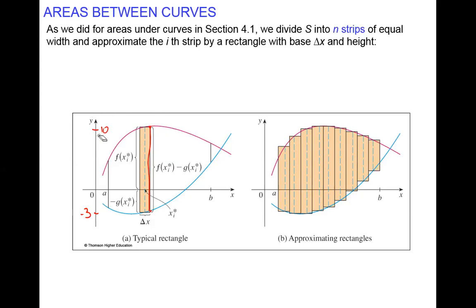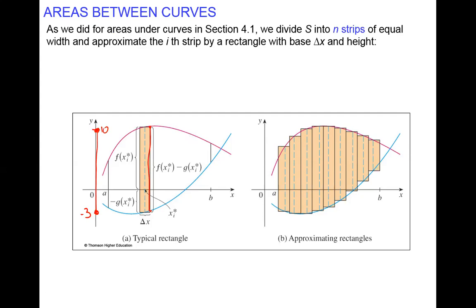Can you type the answer? The distance between 10 and -3. How many units do we have between 10 and -3? 13, of course.